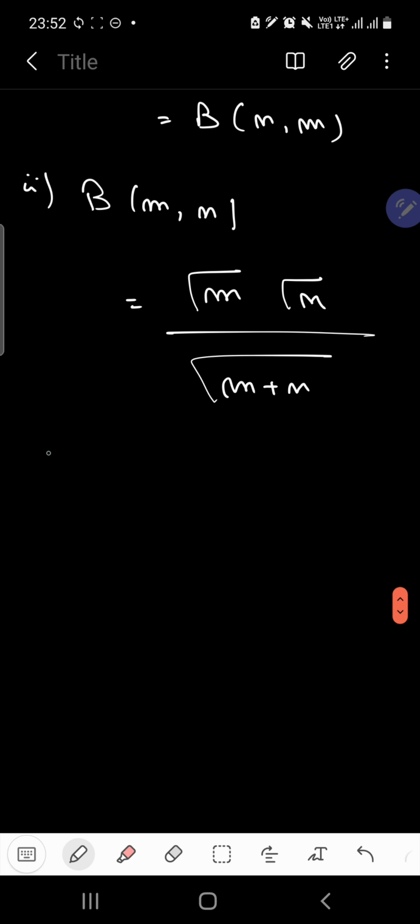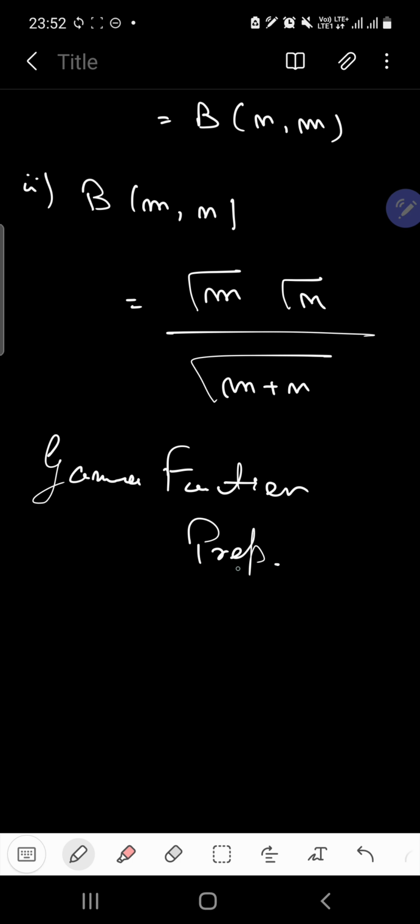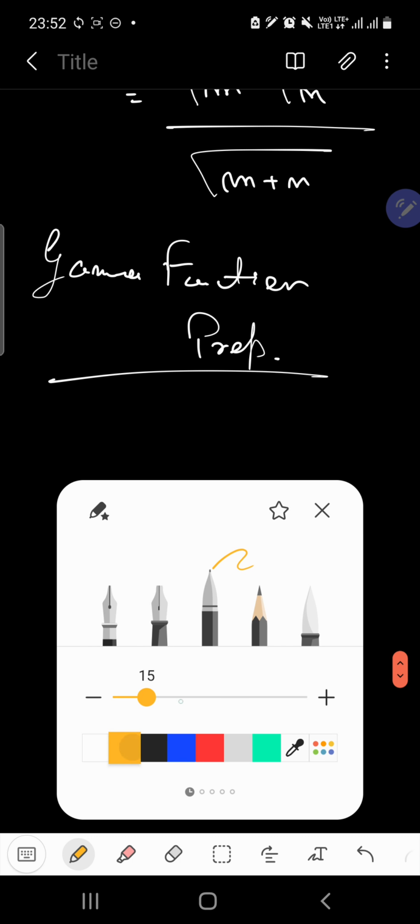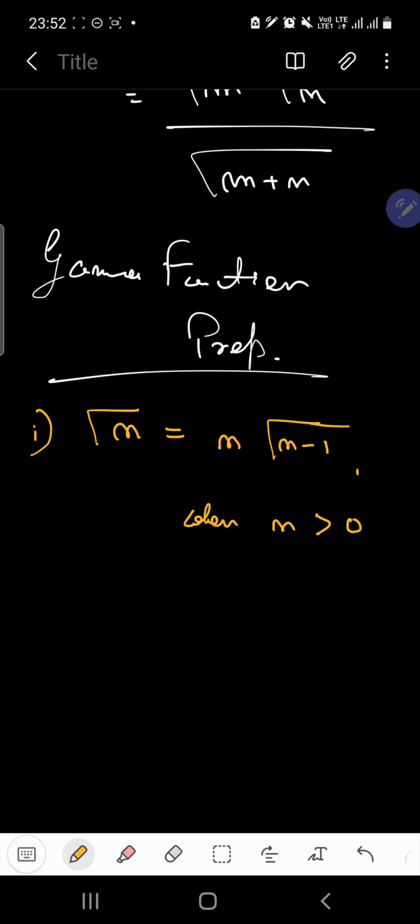So talking about the gamma function properties. The first thing: gamma n can be written as n times gamma of n minus 1, where n is greater than 0.